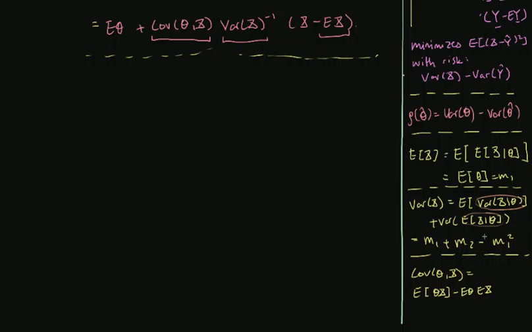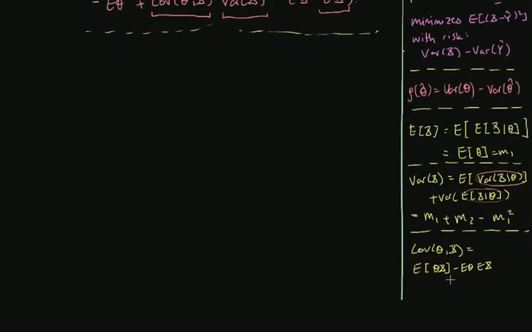Well, among many definitions, this is one of the definitions. The last term here, the mean of theta times the mean of x, we actually already know what that is, because the mean of x is m1 and the mean of theta is m1. So the last term is just m1 squared, right?